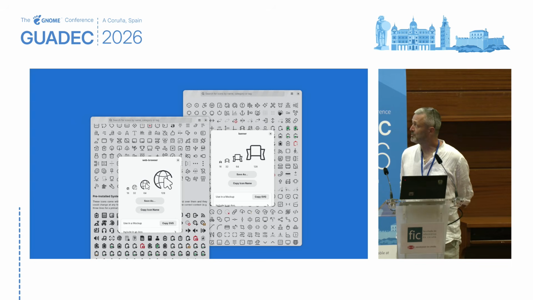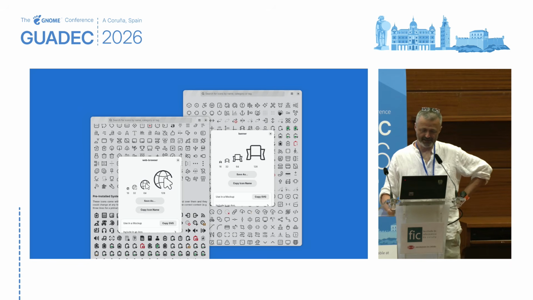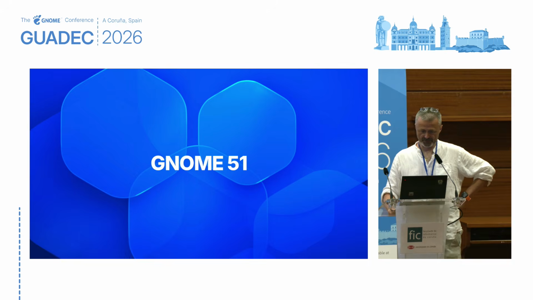To make it use the new stuff, it's not quite ready and landed yet, but hopefully very soon. I think it also depends on how the stock icons in libadwaita themselves land. So it would be great to have Icon Library use the new stuff as well.